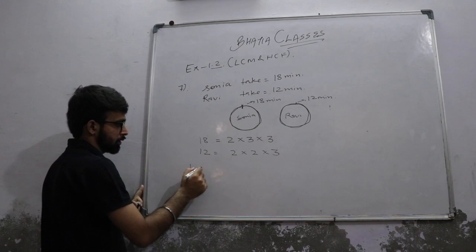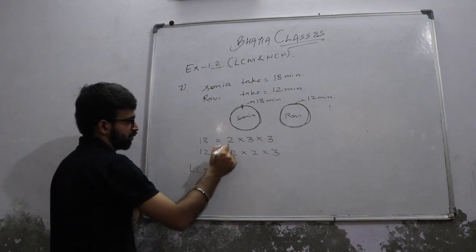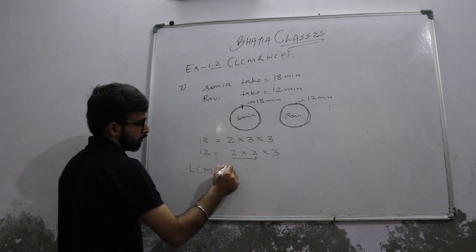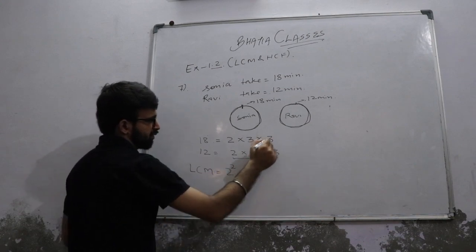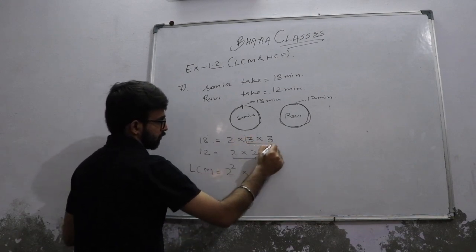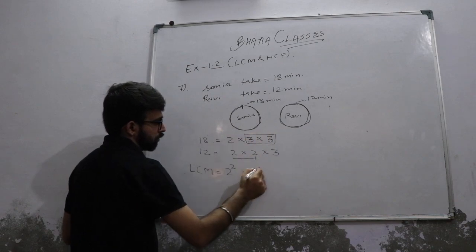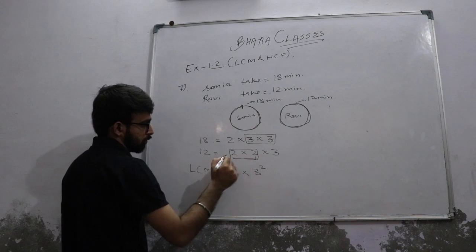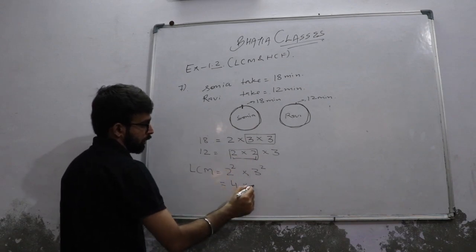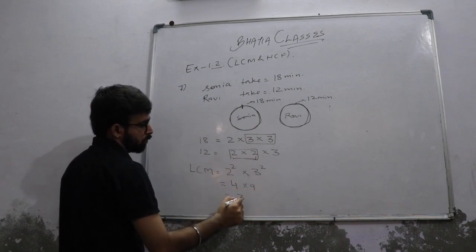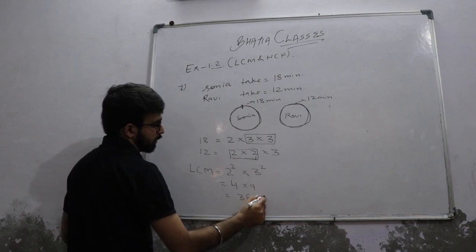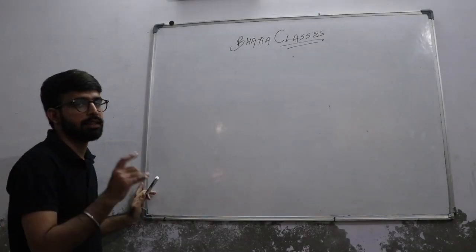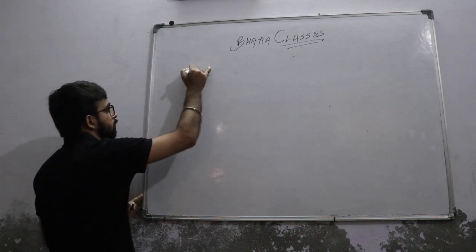Now I will find the LCM. Here you can see 2 is 2 times, 3 will be also 2 times. 4 multiplying 9 is equal to 36 minutes. After 36 minutes, now let's start exercise 1.3.